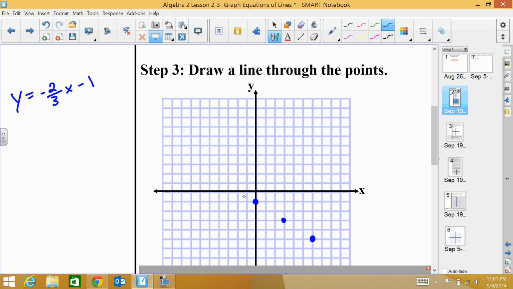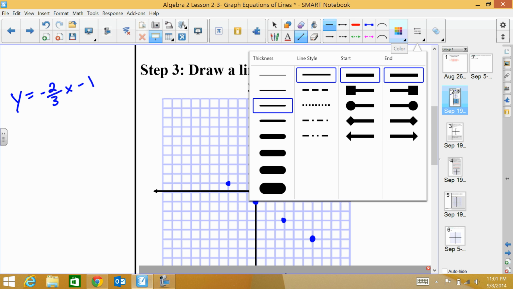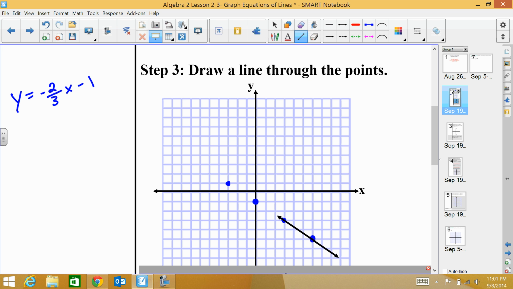Now I can also continue the pattern going this way. So I can also go up 2 and left 3 to keep it going. And then I'm just going to draw my line. So I want to make sure I have arrows on both ends of my line. And I'm going to draw it right through those points. And there you go.